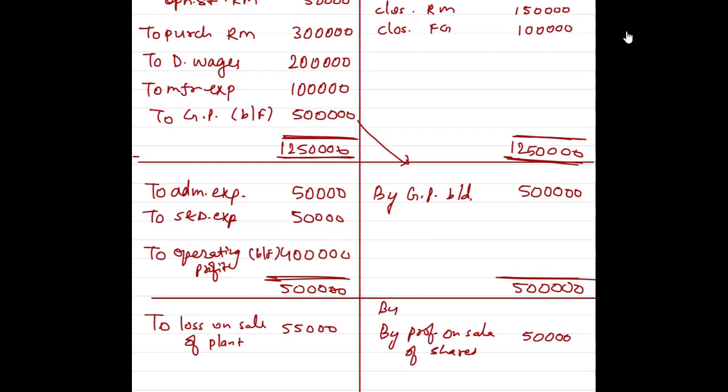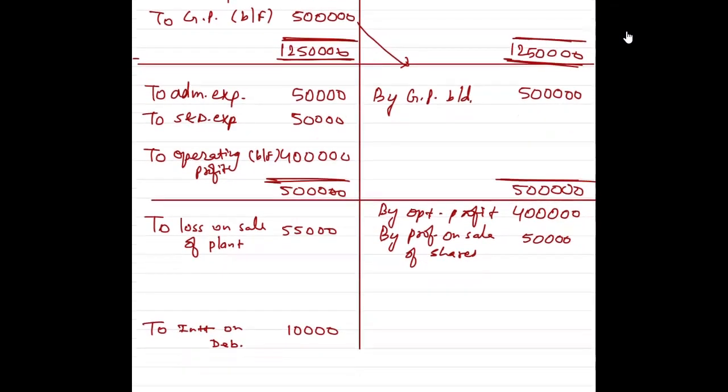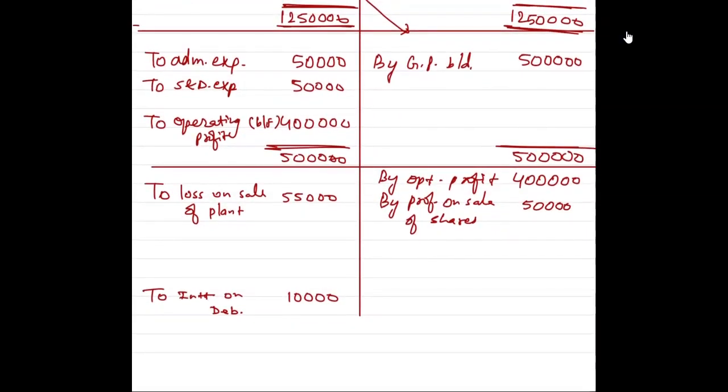And this operating profit will go down. Ultimately, we will calculate the profit before interest and tax. One more total. So here the total is 4,50,000, and this would again be 4,50,000.